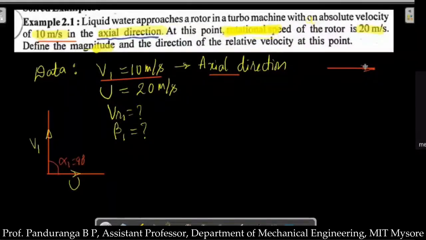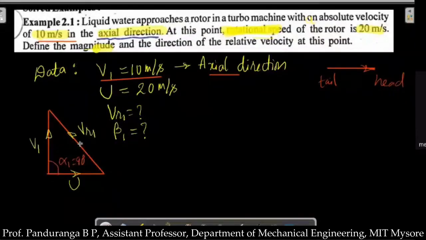The portion towards the arrow mark, we call it the head, and the portion away from the arrow mark, we call it the tail of the vector. So if you join the head of U and head of V1, then you will get VR1. I'll join from here till here. Now this line is our VR1.